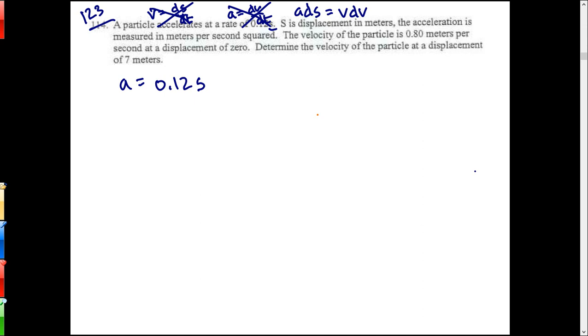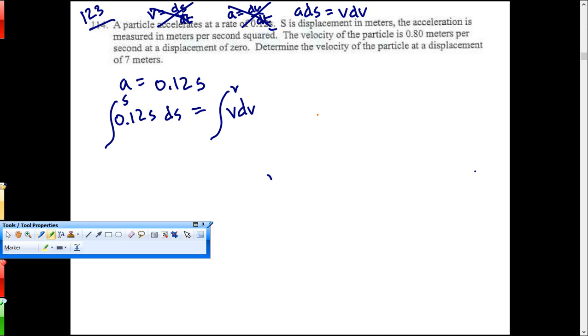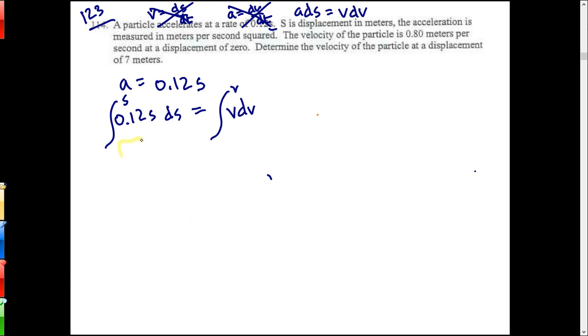So what you'd want to do here would be to plug the stuff in: 1.2 s ds is v dv. Then you just add them up. Once again, I always put the letters at the top, and on the bottom I put in matching, corresponding values.